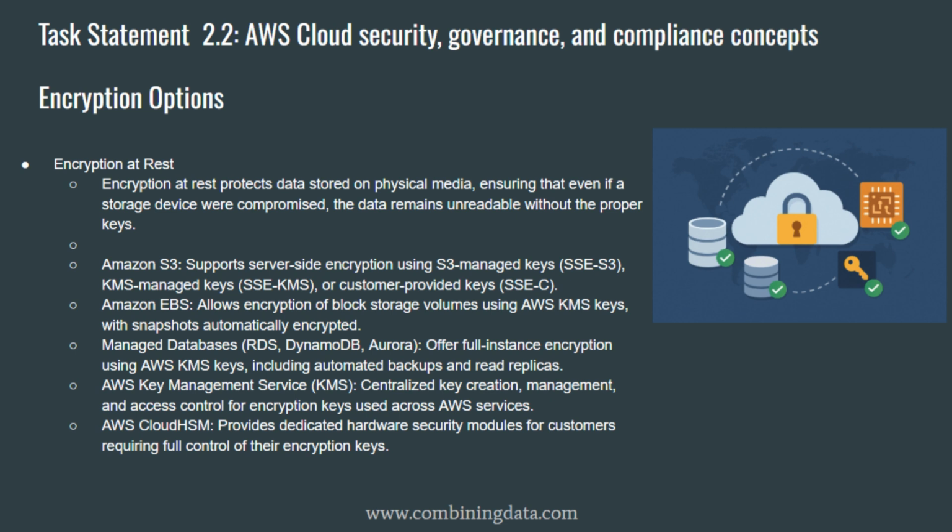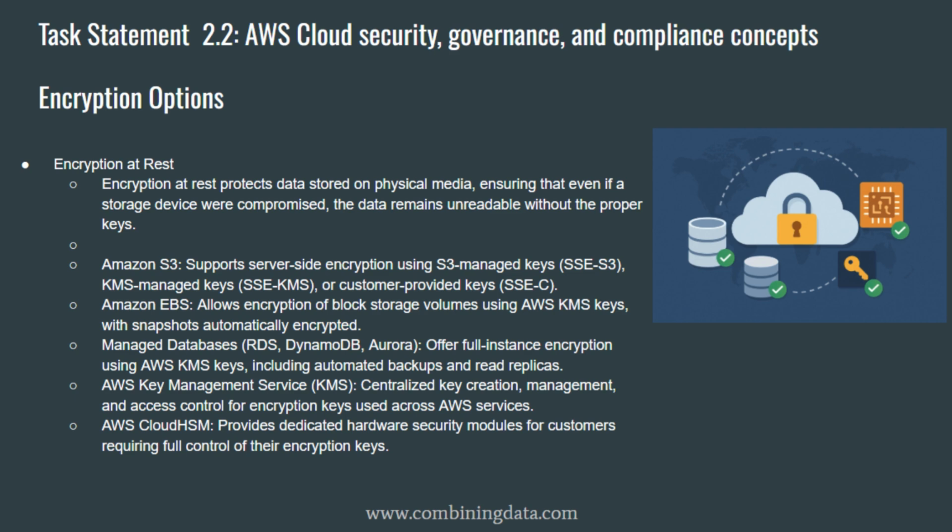SSE-S3 uses keys managed entirely by AWS. SSE-KMS uses keys managed by AWS Key Management Service, giving you more control, auditing, and access policies. SSE-C allows you to provide your own encryption keys, which AWS uses temporarily during the request.